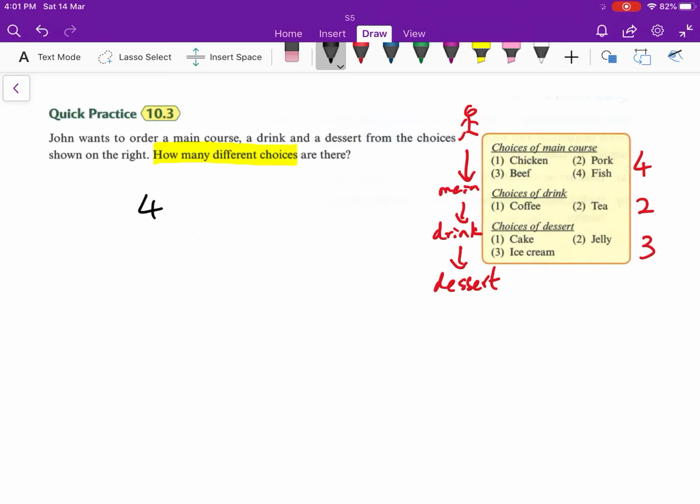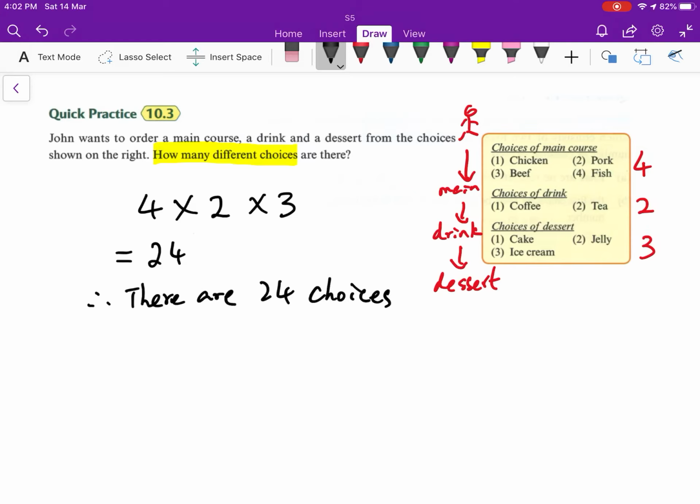Now the question asks how many different choices. Remember, you need to choose among the 4 main courses first, then go to the drink, then go to the dessert. Because you are not going one way directly to the final answer, you have stop points, so you need to use the times symbol. So in total we have 24 choices.